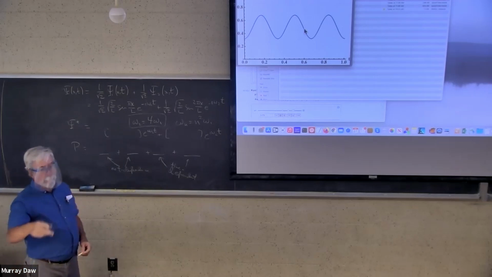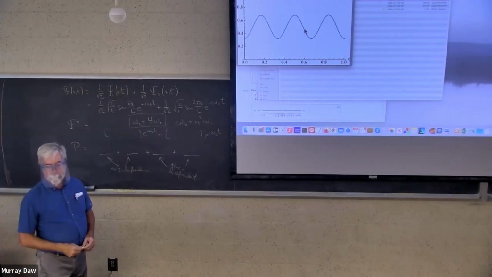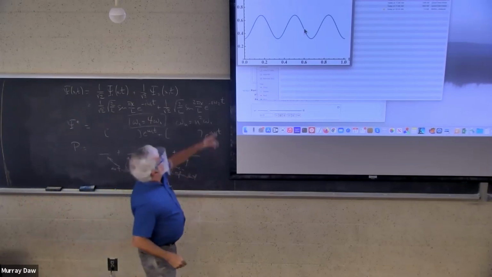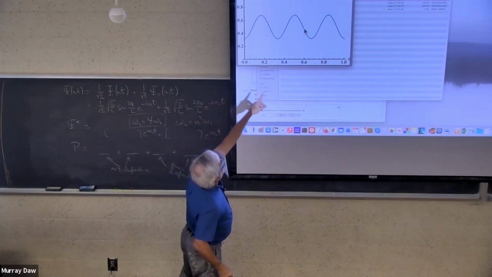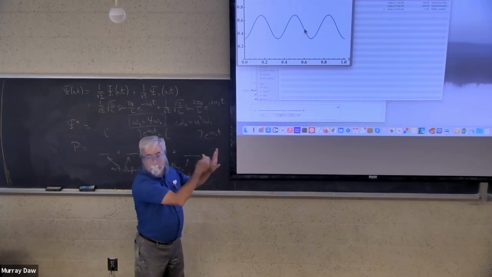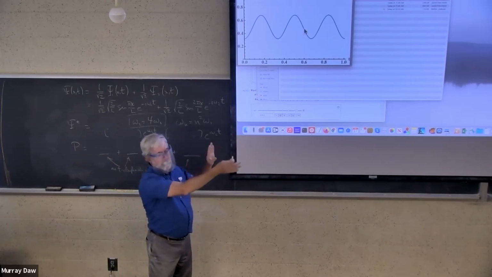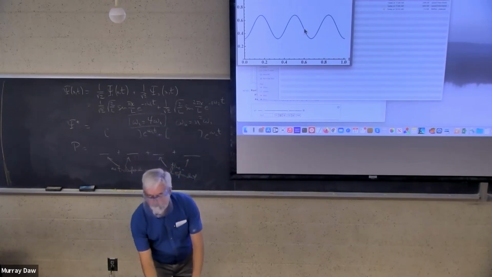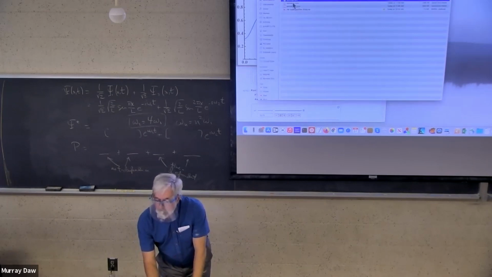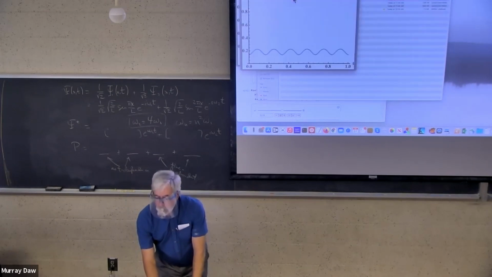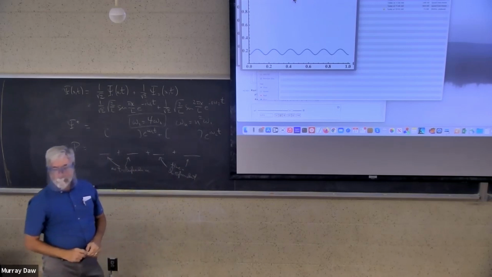It comes back, repeats. The average of x is oscillating around a half. So it's going back and forth from the midpoint, to the left, to the right, to the left, to the right. And here's the width as a function of time. It's also oscillating.